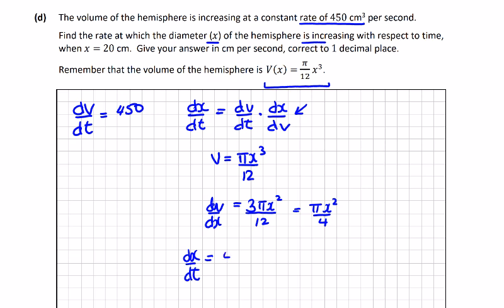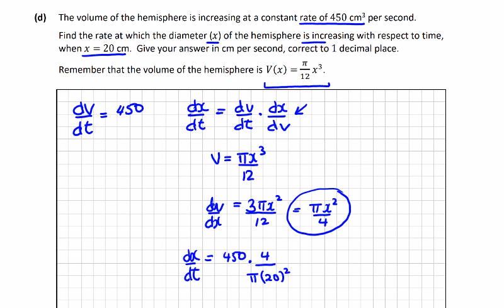We're going to get dx/dt equal to dV/dt, which is the 450, times, and we're told that x is 20, the inverted one of these. So we turn it upside down, 4 over pi times 20 squared.